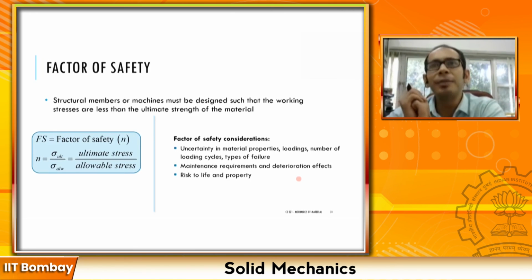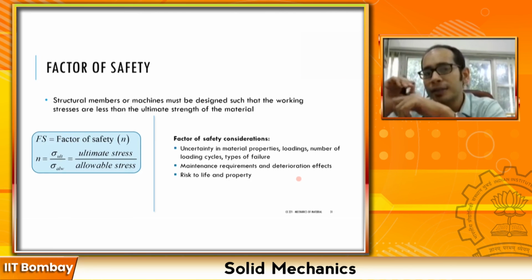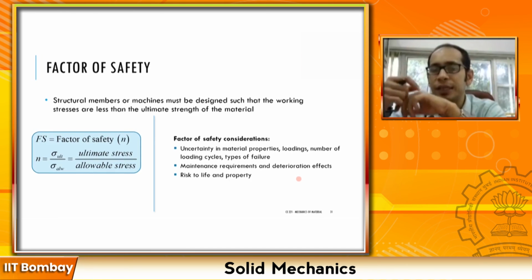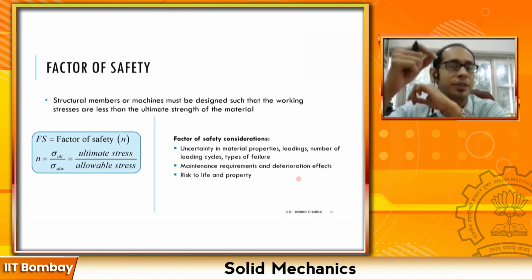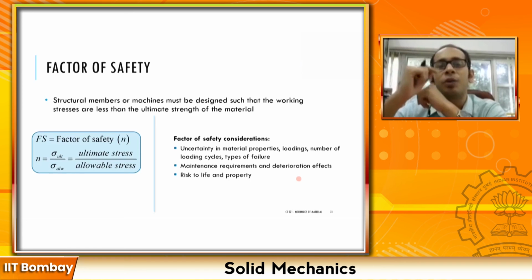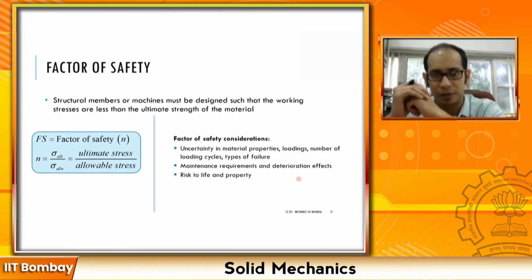So let's say the element can bear a stress of maybe 20 MPa, but you ask the designer to construct this particular structure such that the stresses never go beyond 10 MPa, right? So what is the factor of safety, quote unquote safety you're inducing? It is 20, which is the ultimate stress that particular structure can take, divided by 10, which you have allowed the designer to design the structure for, right?